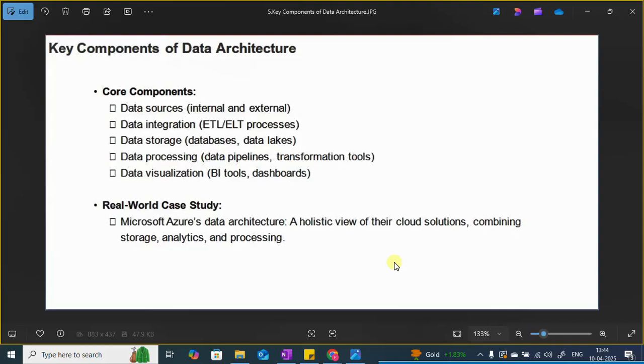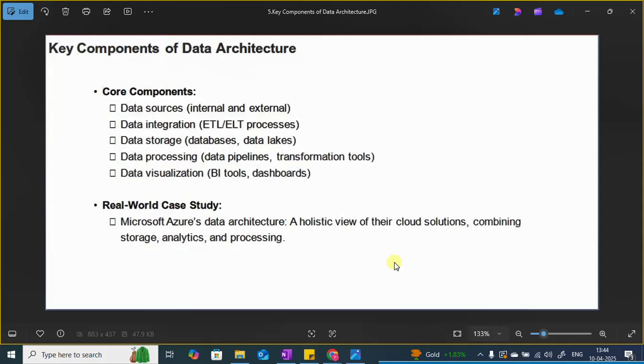Then data visualization, where we use different types of BI tools, like Power BI, Tableau, or even Excel, for creating different dashboards, so that it helps the client or end user take business decisions. We create dashboards and display the output in front of the end user.